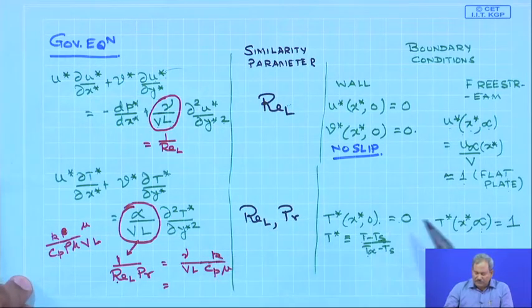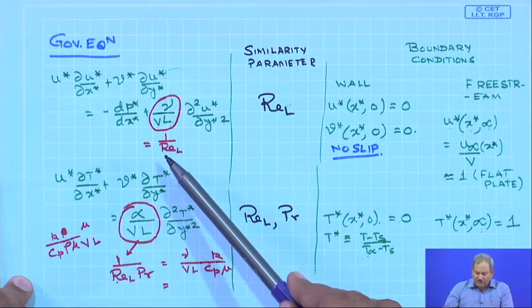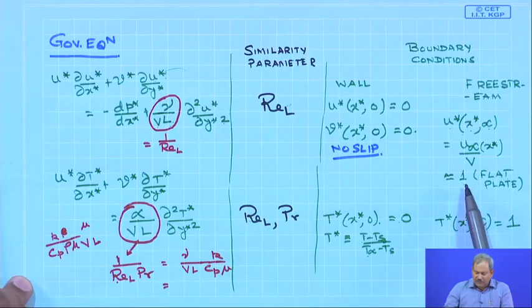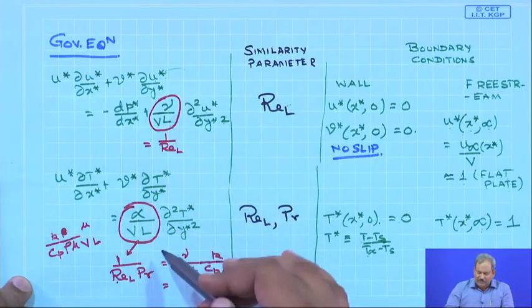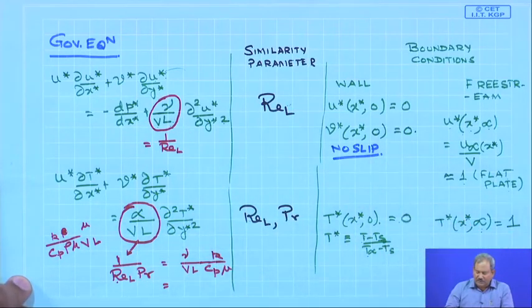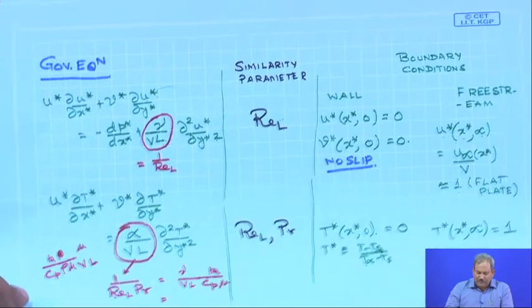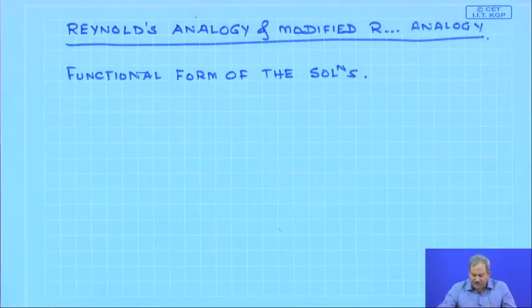So, by keeping the Prandtl number equal to 1 and the Reynolds number the same, and assuming that the flow is taking place over a flat plate, everything in these equations and the boundary conditions is identical. So, we have a dynamically similar system.